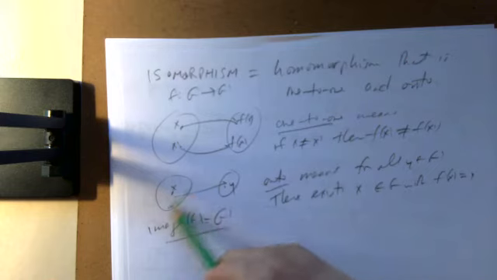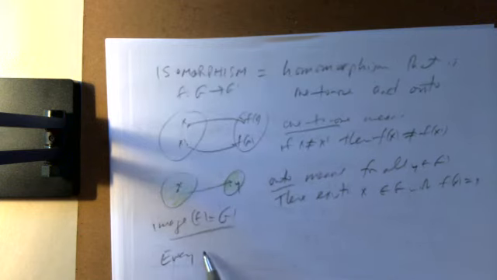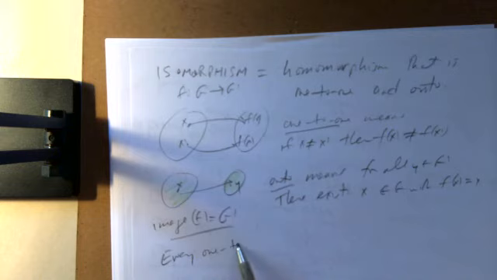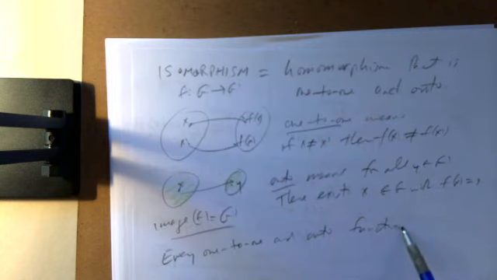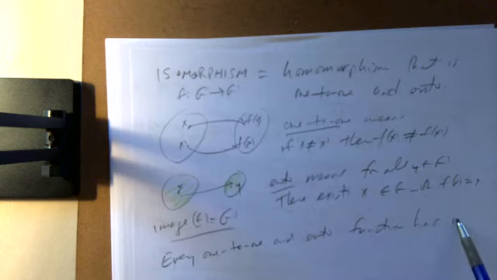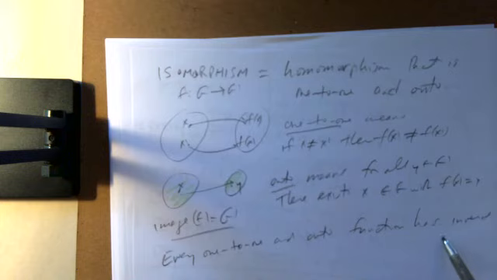Right? This gets mapped onto the whole group G prime. And whenever you have a function that's one-to-one and onto, every one-to-one and onto function has an inverse function.